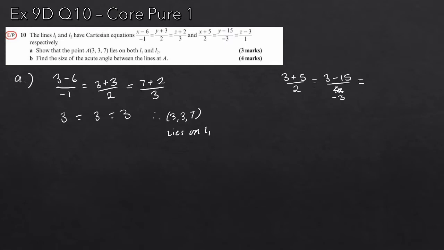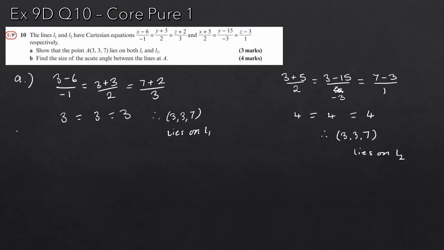And this is going to be equal to 7 minus 3 over 1. 3 plus 5 is 8 divided by 2, that's 4. 3 minus 15 minus 12 divided by minus 3, that gives us 4 again. And then 7 minus 3 is 4, divide that by 1, and you get 4 as well. So, therefore, 3, 3, 7 lies on L2.